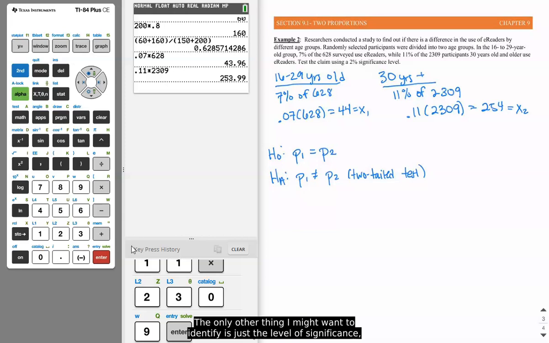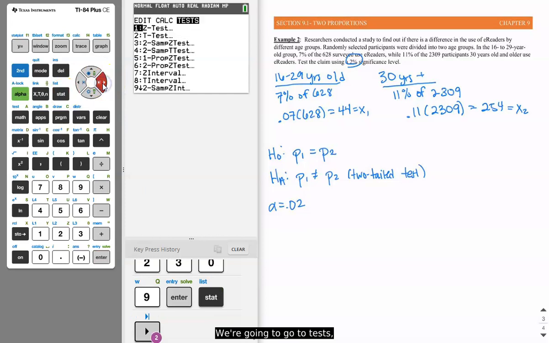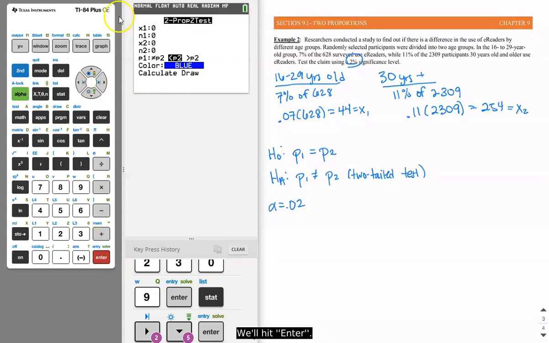The only other thing I might want to identify is the level of significance. So alpha is 0.02. So we will hit our stat button. We're going to go to tests, and we want the two proportions z test now. We'll hit enter. All right.